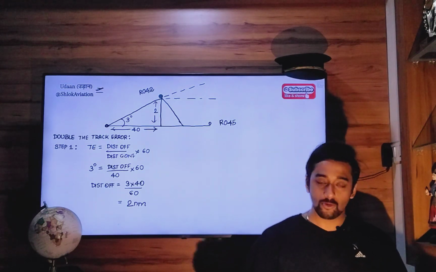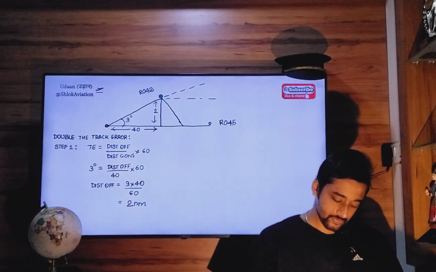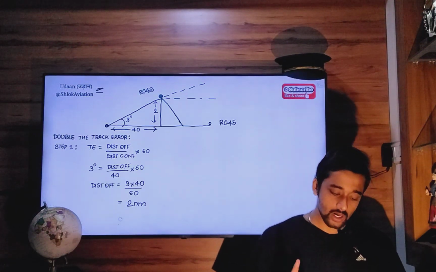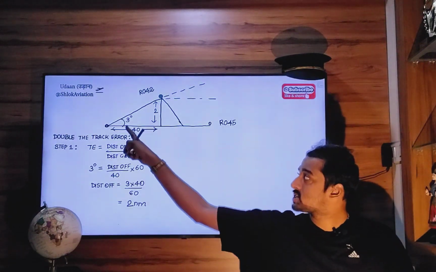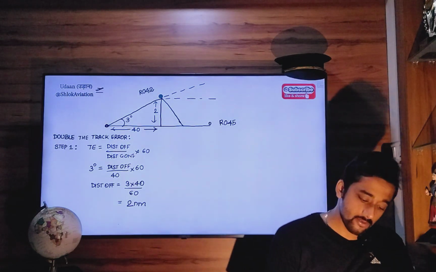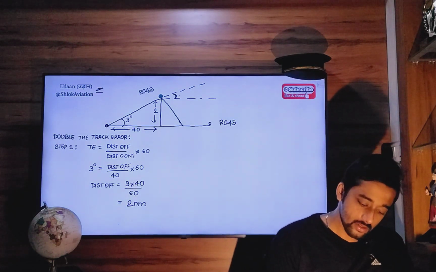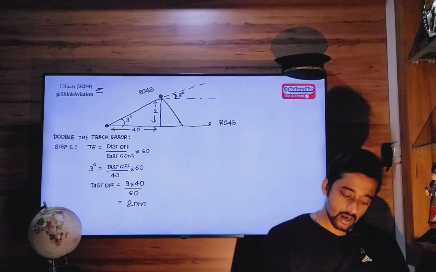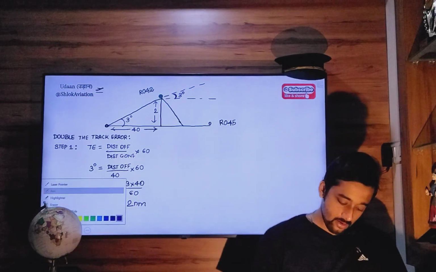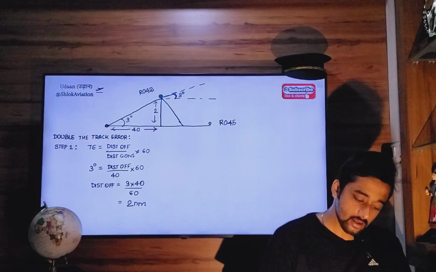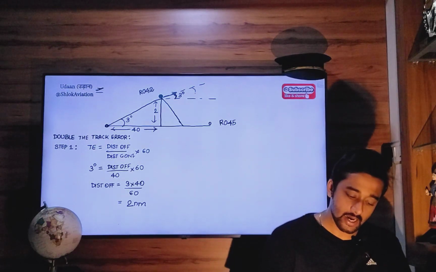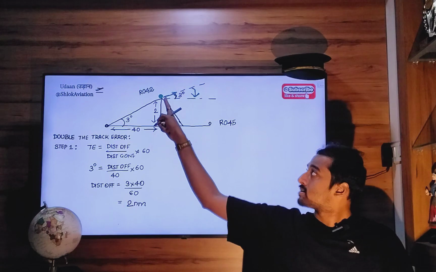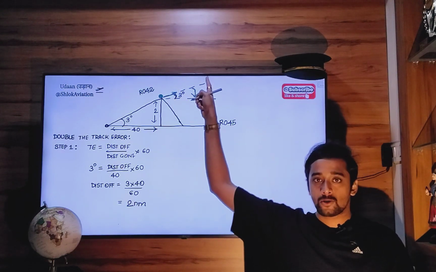Now from this position, we are going to come back. Okay. Now corresponding angles are equal. So if this is 3 degrees, this will also be equal to 3 degrees. And we have to double this track error. That means, again, from here, first we will have to make a right hand 3-degree turn in order to stop the deviation going outbound like that.